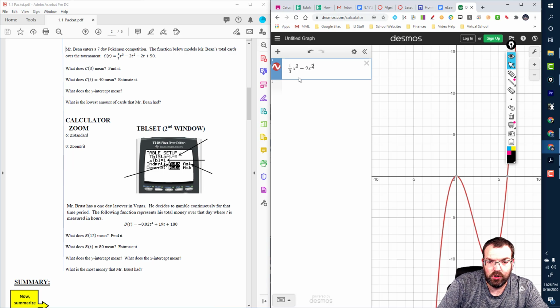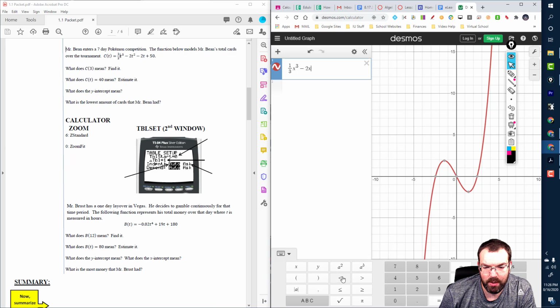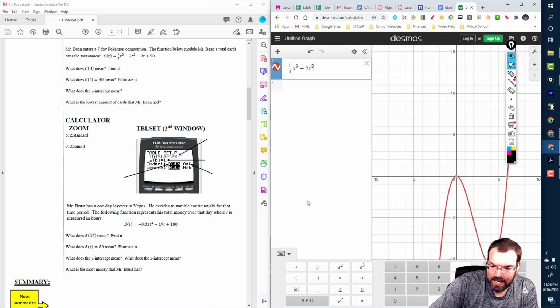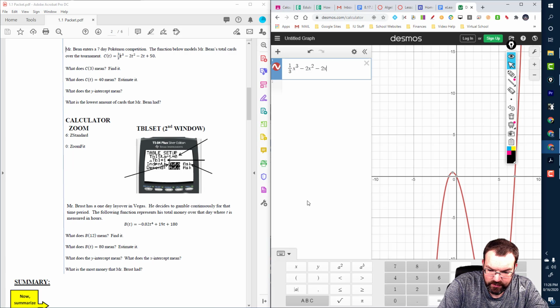Now, if you don't want to do the shift 6 and you want a squared there, you can hit this little keyboard. It'll pop up, and you can just hit this squared key, and it gives you the squared already. Minus 2t, which is 2x, right? Or minus 2x, sorry. And then plus 50.